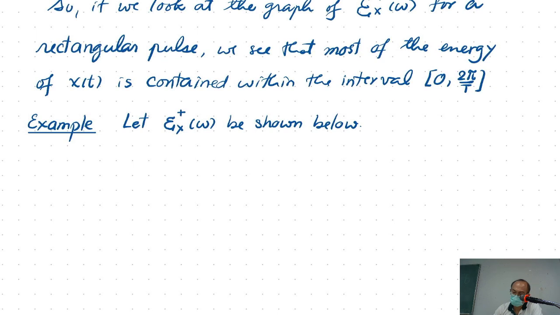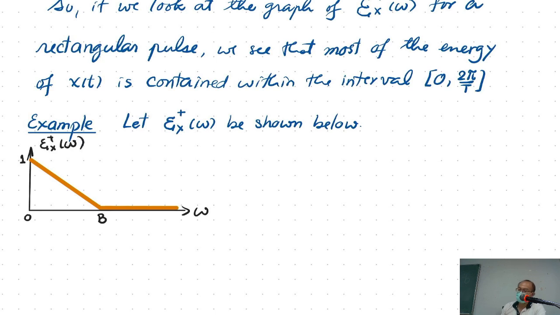So suppose that we have a signal whose one-sided energy spectral density is given here. Suppose it is a kind of triangular shaped signal there. Let's just say that this is 1, this is b. This is Ex plus.